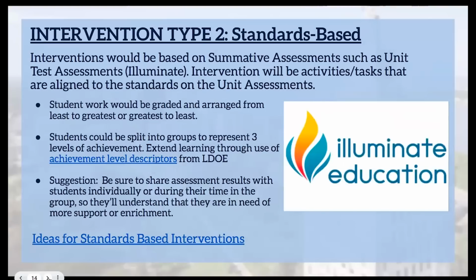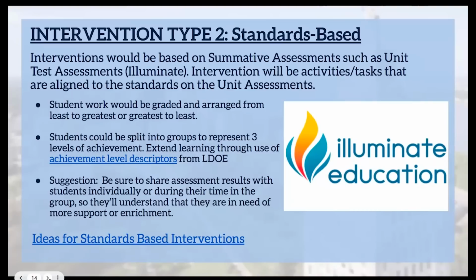When we think about our standards-based assessments, these will be based on like your end of module assessments that we have accessible through Illuminate, because those are all aligned to the standards. You can still use that 3-stack approach again when you want to divide your students into groups to choose activities.